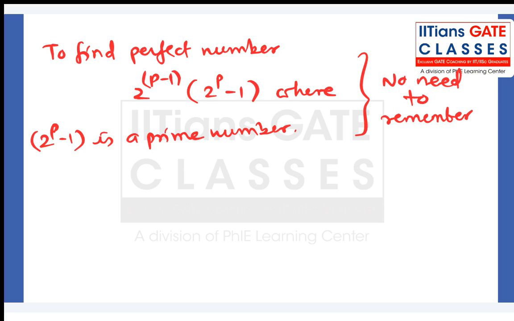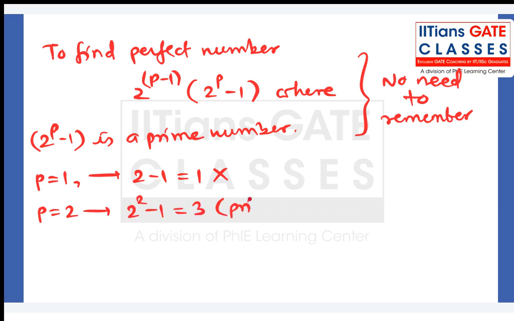The p value has to be 1 or an integer greater than 1. If I take p equal to 1, then 2 minus 1 is 1. 1 is not a prime number, so you can't use that. If you take p equal to 2, that will be 2 squared minus 1, which is 3. It is a prime number, so you can use that.